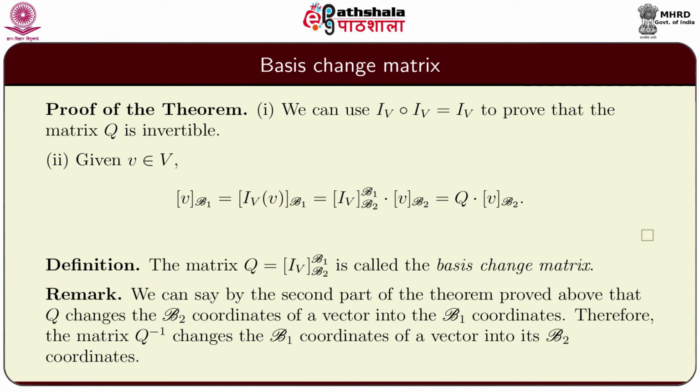Now, [I_V]_B2,B1 is Q, so this is equal to Q times [v]_B2.